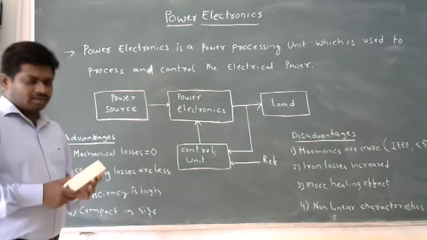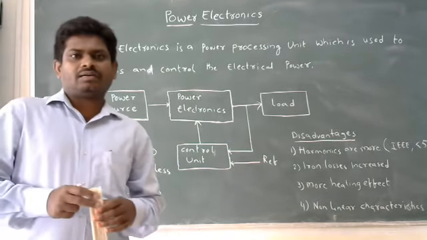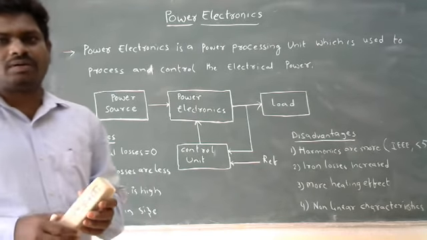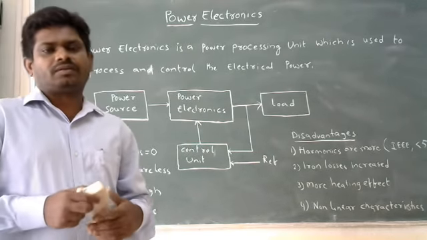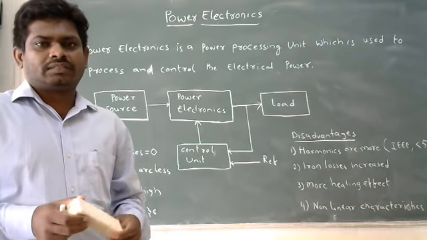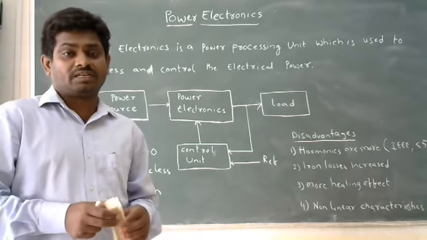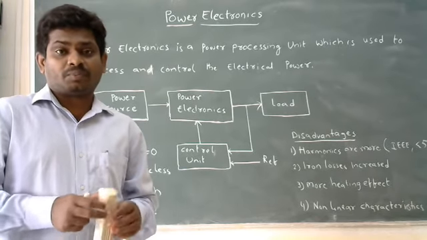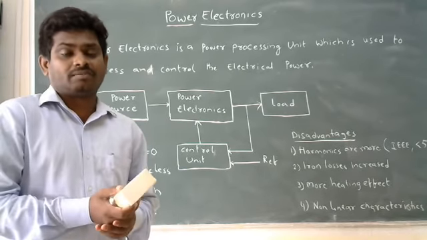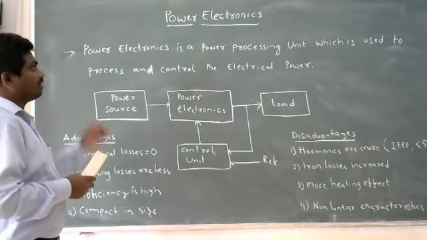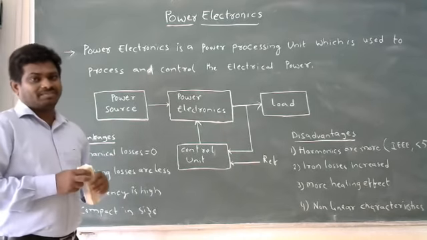In the last lecture, I gave the basic introduction of power electronics, its scope and applications, and the different converters and power modulators we use for power processing. I also discussed the whole syllabus of power electronics in the previous class.